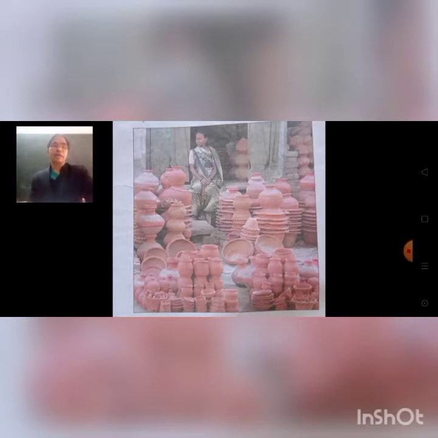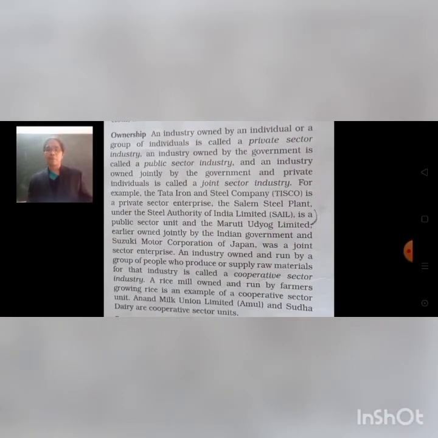Before moving on to ownership, these small scale industries are attached to the home. Many of them work at home only and often employ only family members.